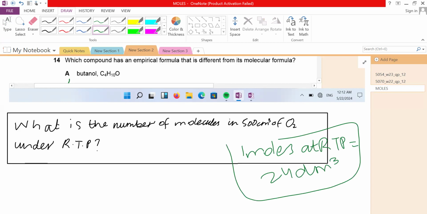So according to this, 1 mole of oxygen equals 24 dm cube.